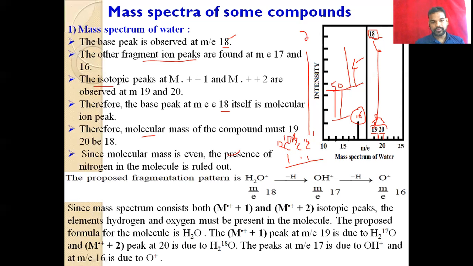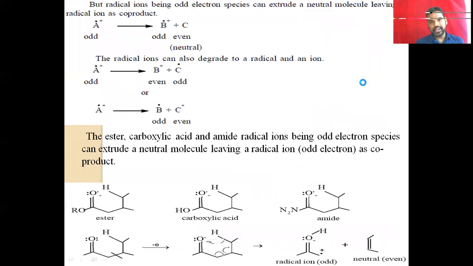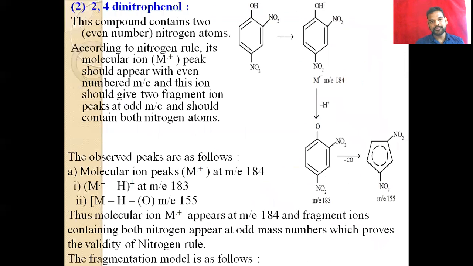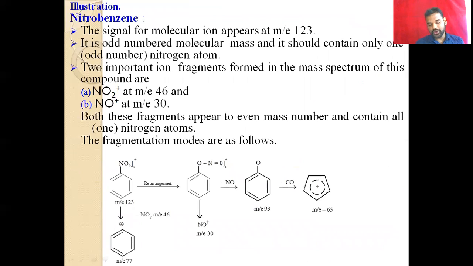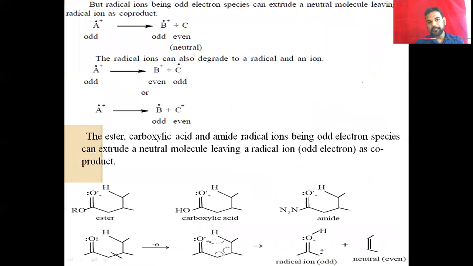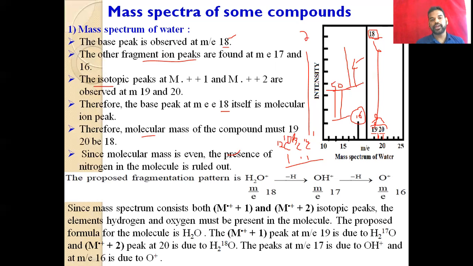Now, since the molecular mass is even, the presence of nitrogen in the molecule is ruled out. That is from the nitrogen rule, which we already discussed. On the basis of the nitrogen rule, if the compound has an even number of molecular mass, then we can expect an even number of nitrogens, that is 0, 2, 4, 6, 8 like this.